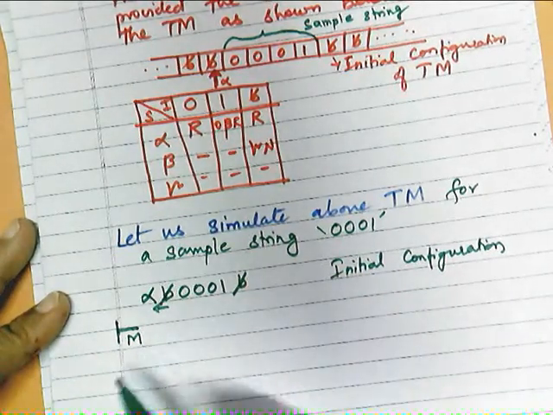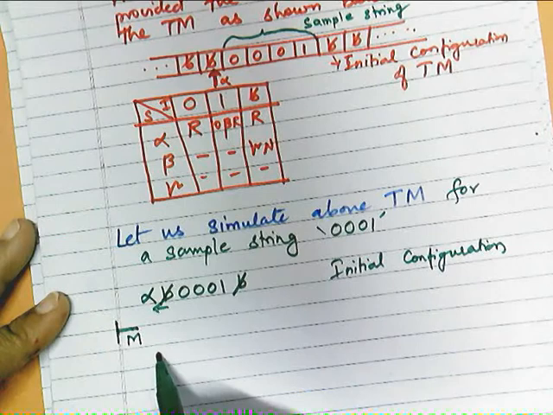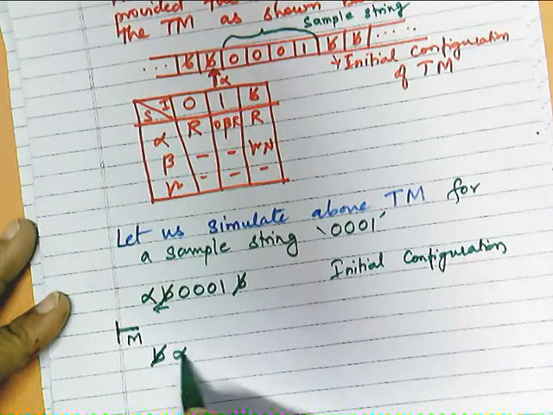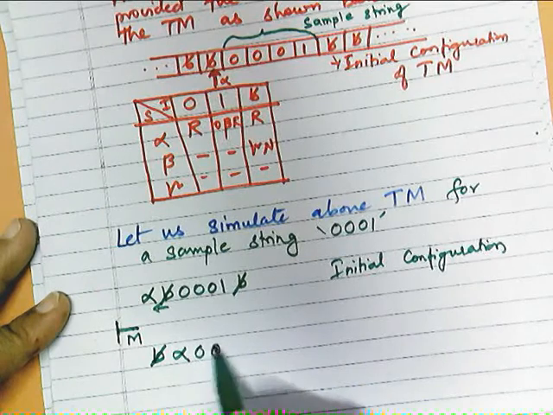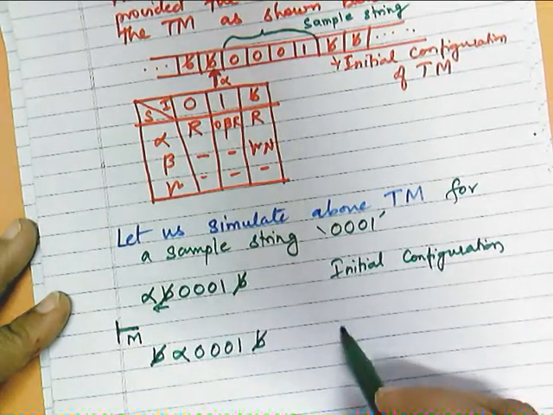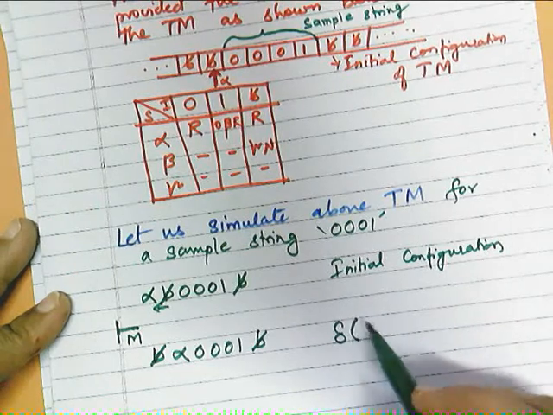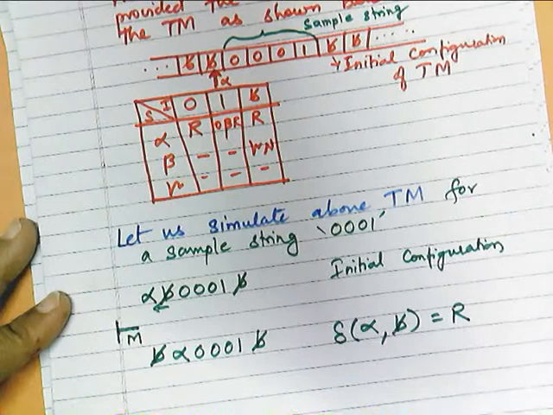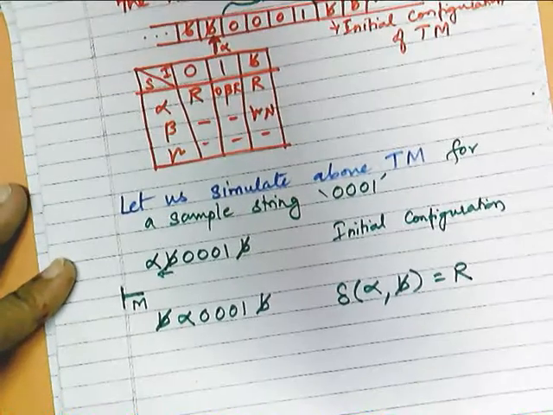So we apply this. Our next ID becomes blank, alpha, 0, 0, 0, 1 and blank. This is because the delta function of alpha comma blank gives movement towards the right, right?